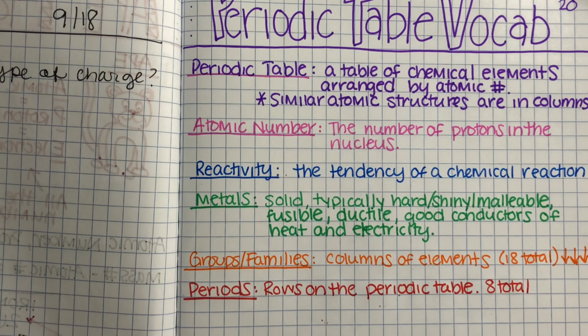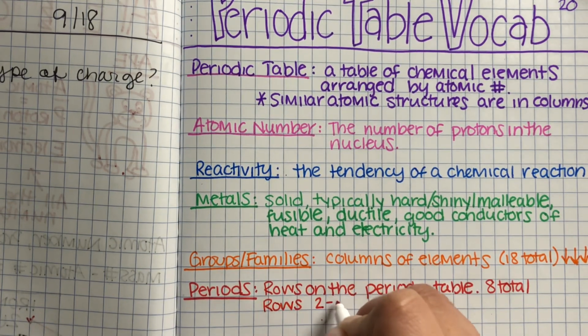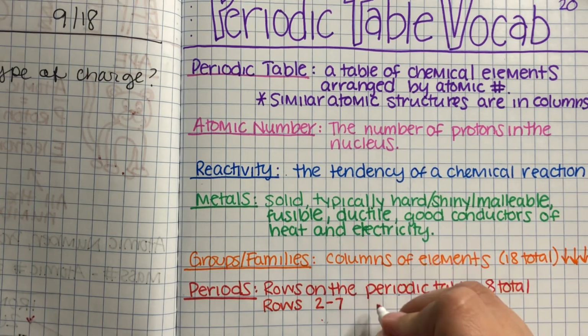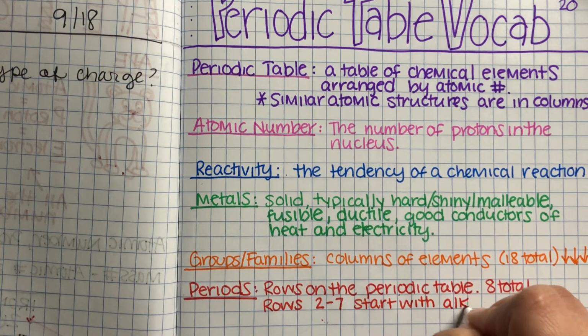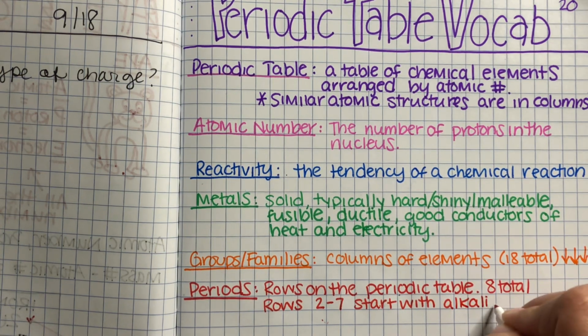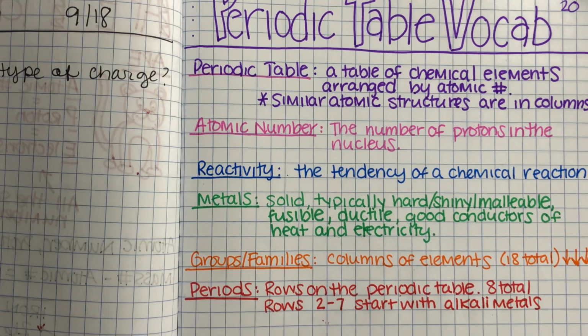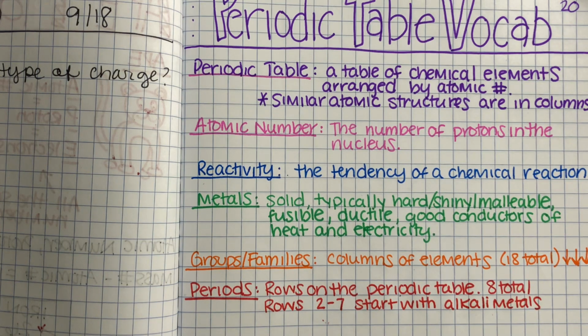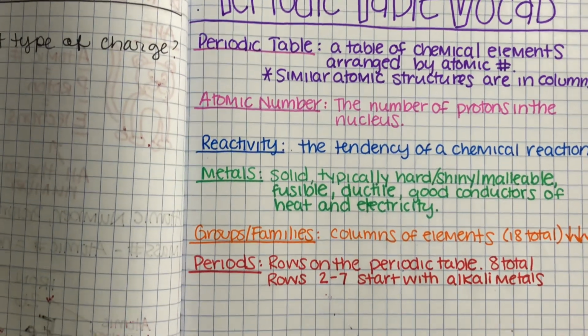And rows 2 through 7 start with alkali metals. All right, so let me scoop my notebook up just a little bit.